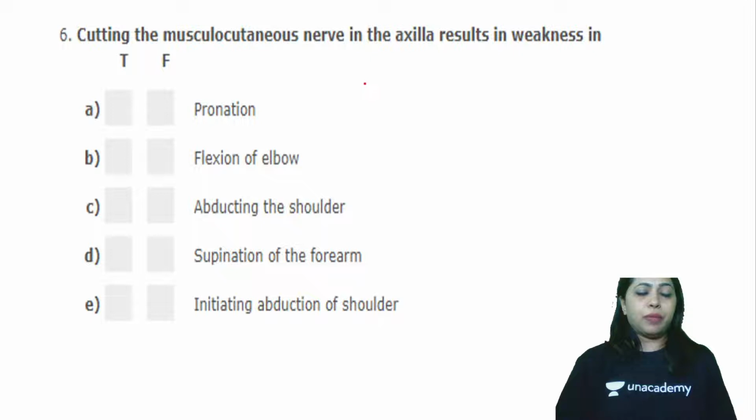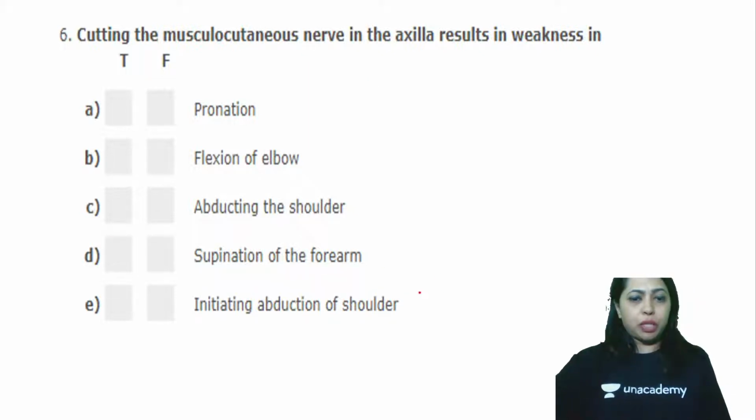So here we have pronation, flexion of the elbow, abduction of the shoulder, supination of the forearm, initiating the abduction of the shoulder. Which one does initiation of the shoulder abduction? That is done by the supraspinatus.